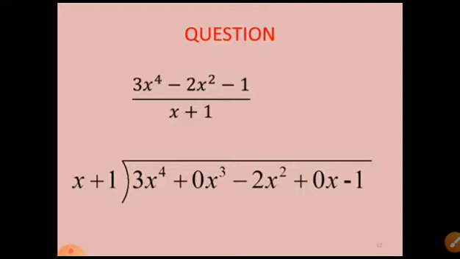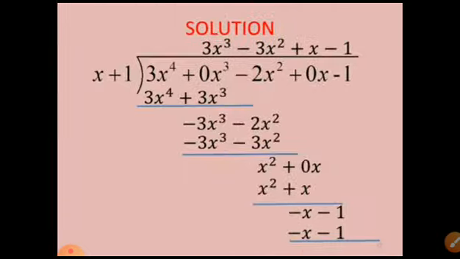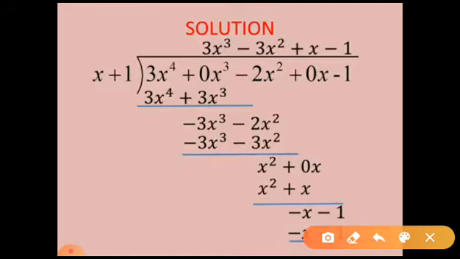Okay, pause the video and do the division of the given polynomials and see whether you have done it correctly or not. After completing yours, you can just again play the video. Okay, so after that you will be getting the quotient as 3x cube minus 3x square plus x minus 1.